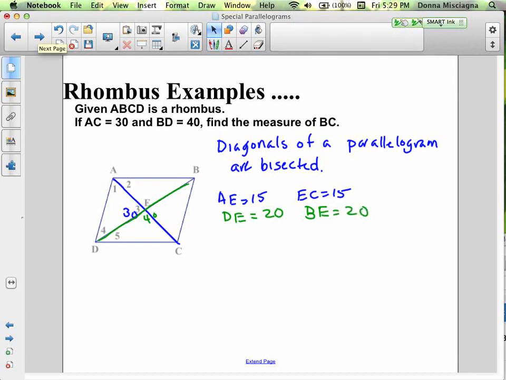Right, so now if we look at just this part here, this side here, AE is 15, BE is 20. Well, how does that help us find the measure of BC? Or actually, let me take a different triangle. Not that it's going to make any difference here.